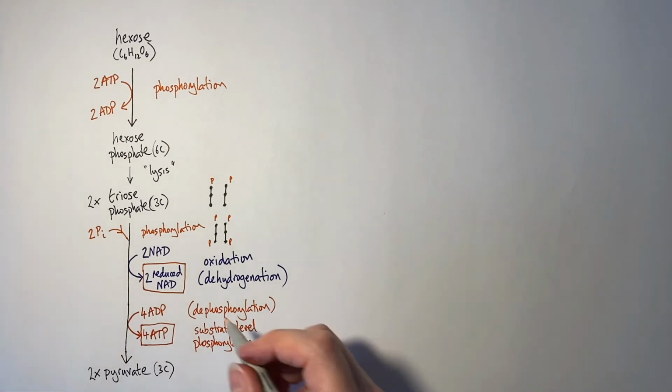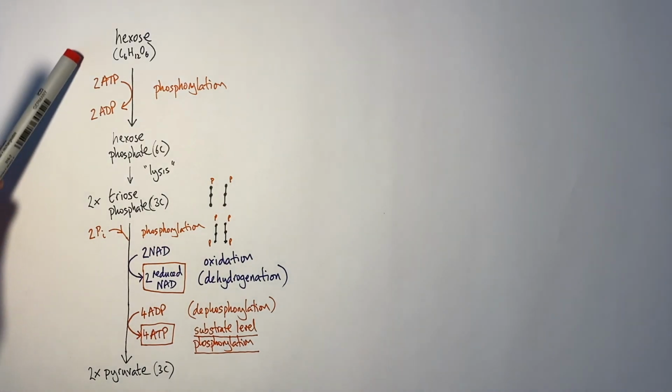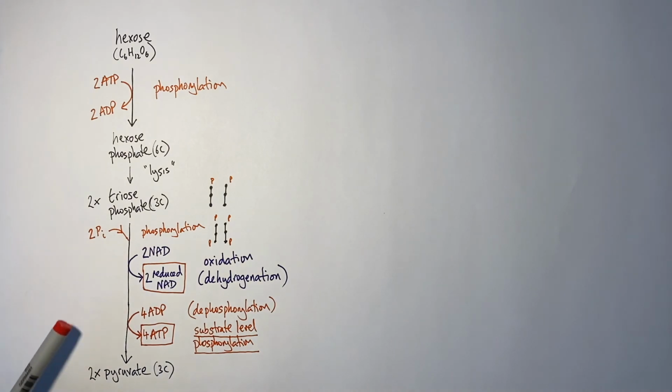Now that might not make much sense at the minute, but it will once we finish, and I'll come back to that right at the end. But what is important here is that we are making ATP without any oxygen being added to this whole process, and that's quite important.